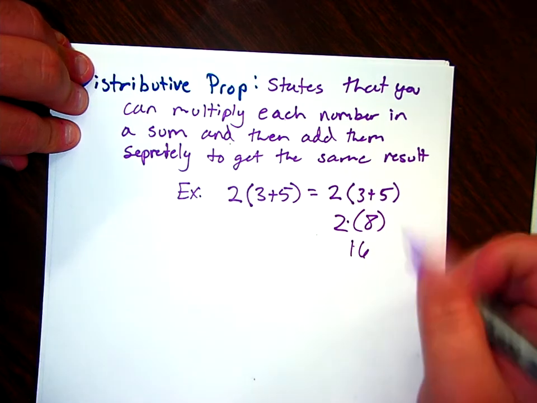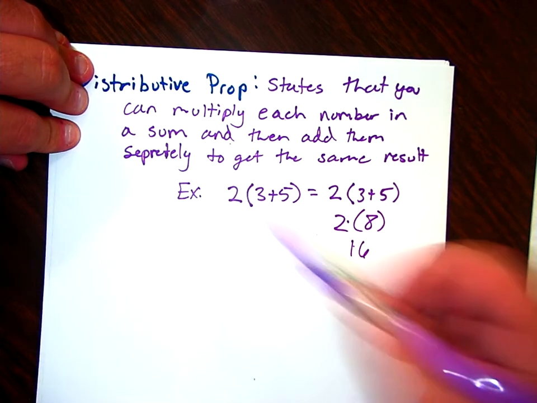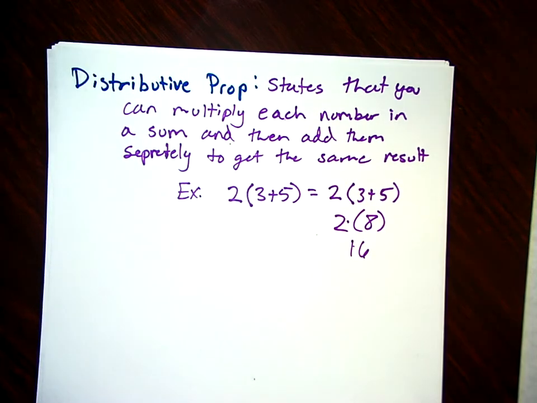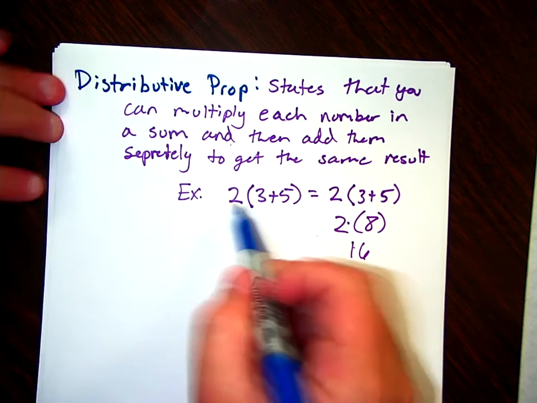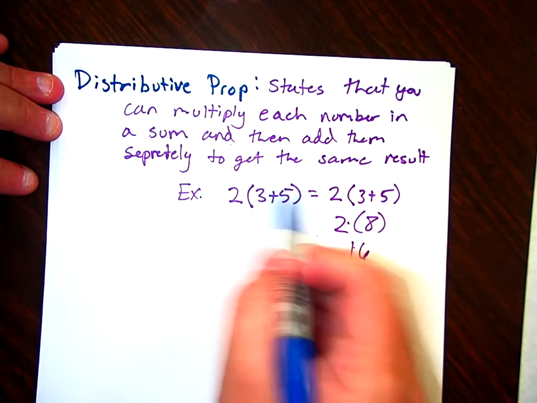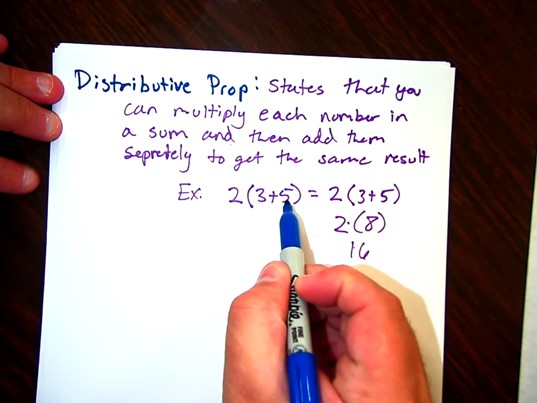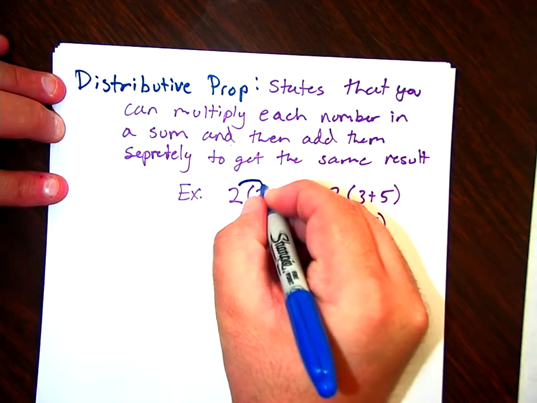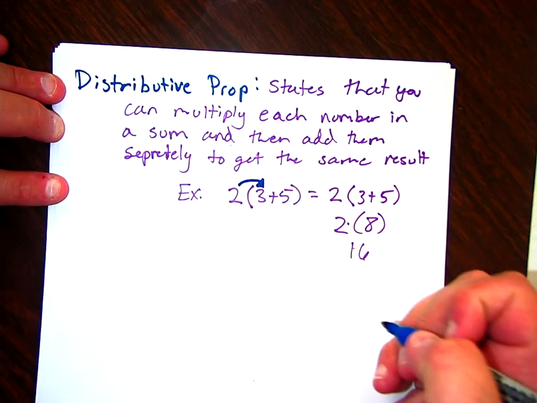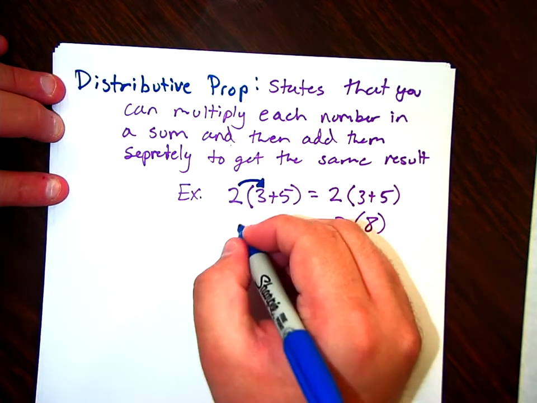But now on the left side here, we're going to distribute. So what we're going to do is multiply this 2 to each number in the sum inside the parentheses. Okay, so first 2 times 3. 2 times 3 is 6.